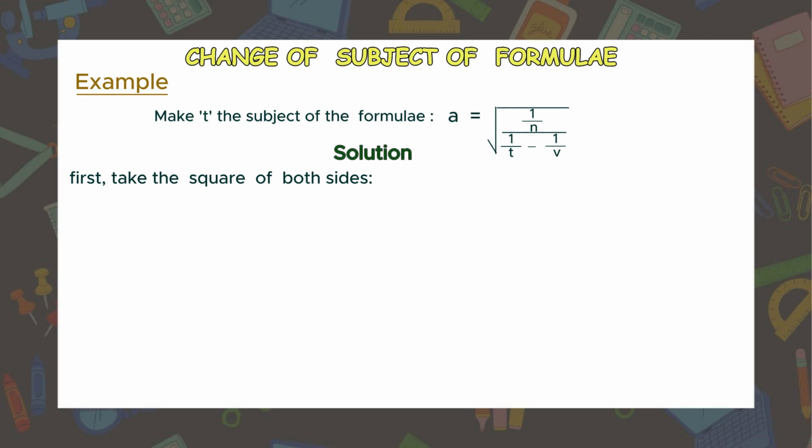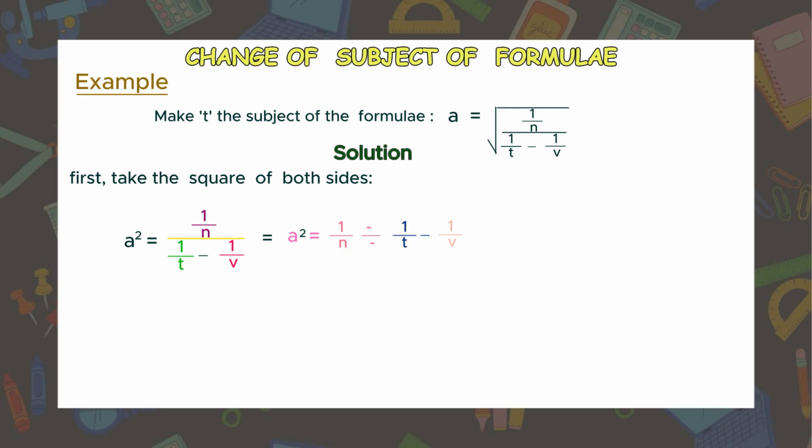If we take the square of both sides, it becomes a squared equals 1 over n divided by 1 over t minus 1 over v. The interpretation of this is a squared equals 1 over n divided by the bracket 1 over t minus 1 over v.